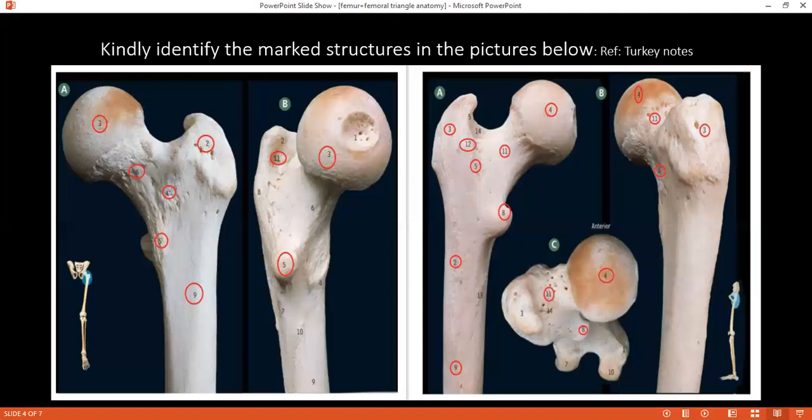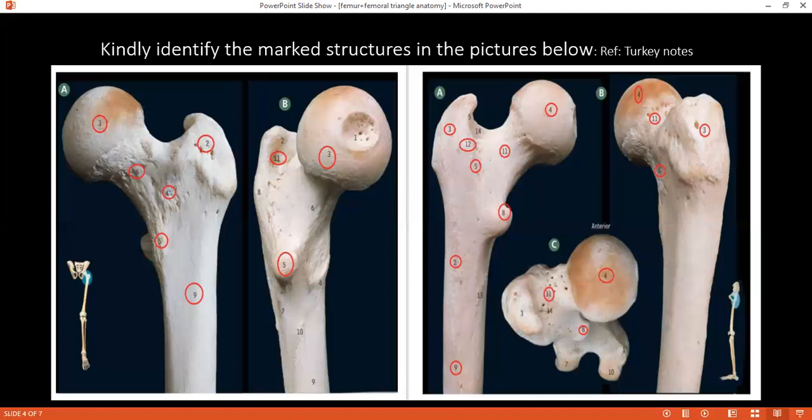What are the factors which stabilize the hip joint? All the muscles around the hip joint and the ligaments. Also the congruence of the head and acetabulum makes it more stable. Yes, and the acetabular labrum.